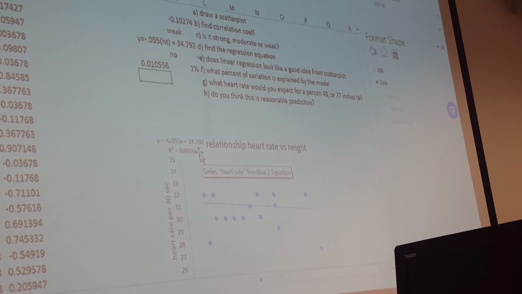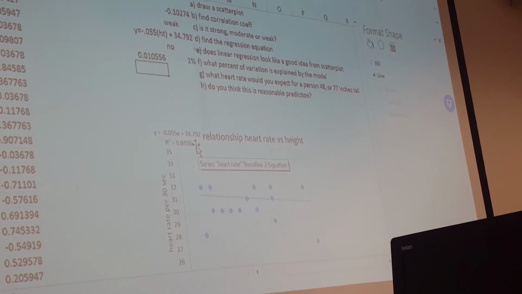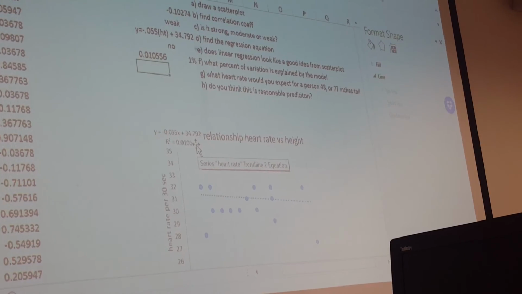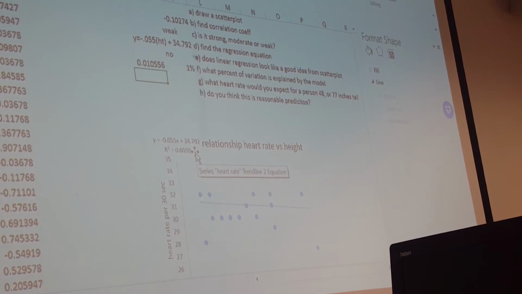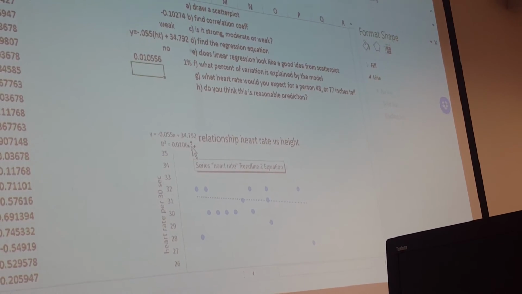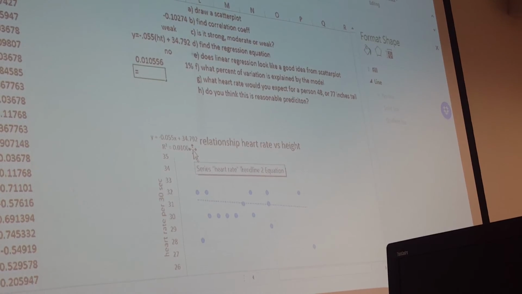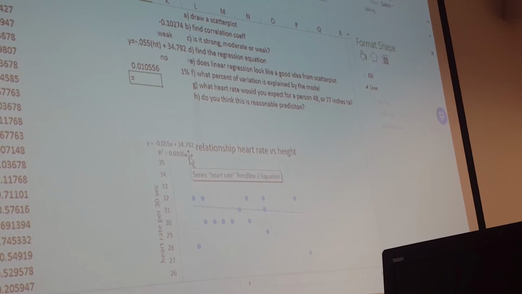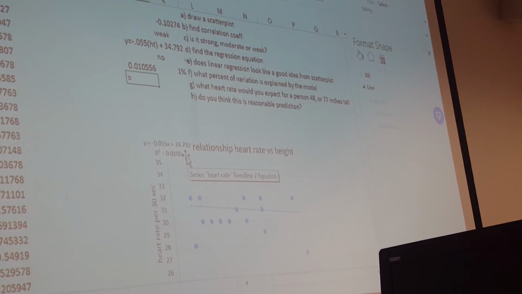What heart rate would you expect for a person that's 48 inches tall? How would you figure that out? You plug it into the regression equation. Tell me what to type.